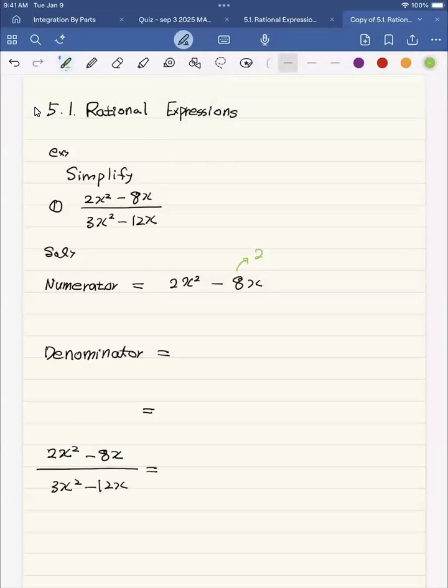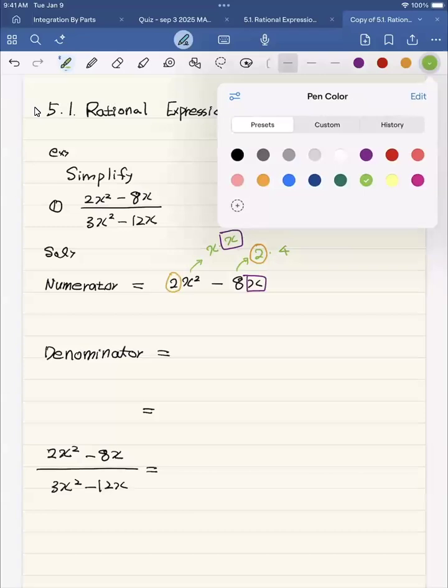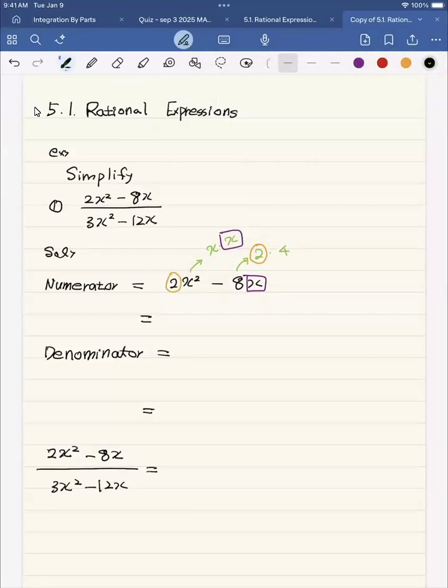Eight is 2 times 4, and x squared can be written as x times x. Here, these two and these two are the common factor, and this x and this x are the common factor. So we can take that out and write as 2x times the remaining one, which is x minus 4.